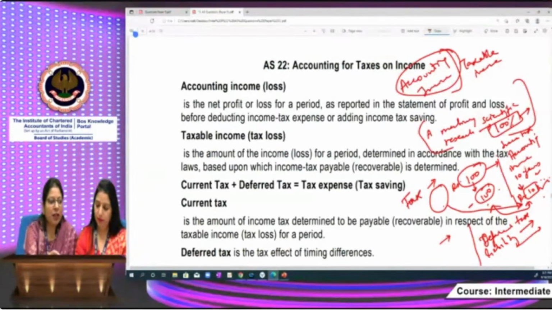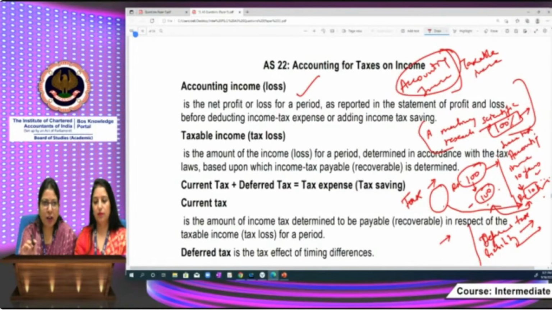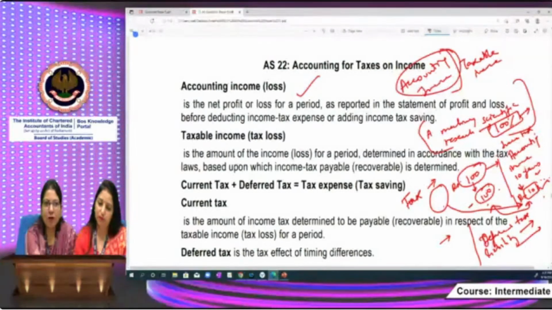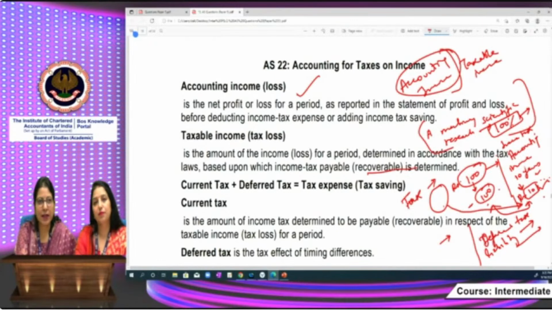Now the concept of accounting income is clear to us. That is the income reported in our statement of profit or loss before deducting any income tax expense. Taxable income is the amount of income or loss determined in accordance with tax laws, based upon which your tax liability is calculated.